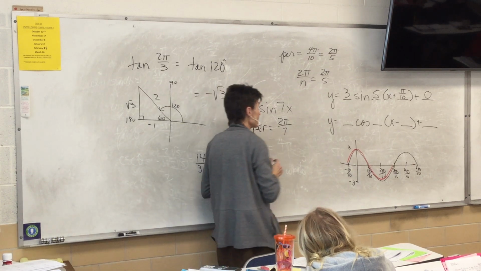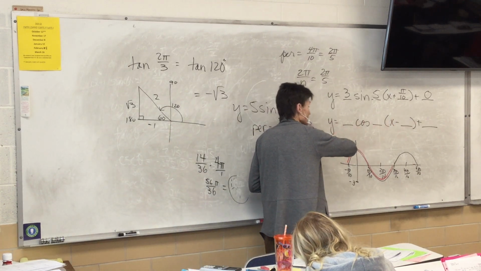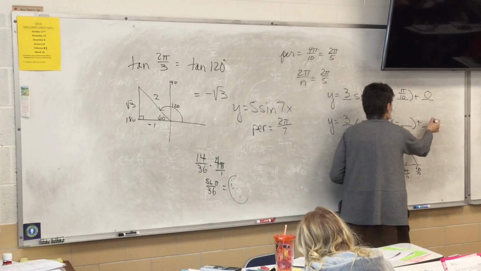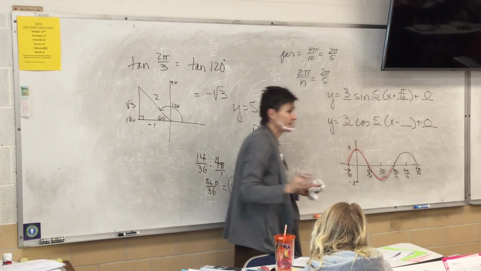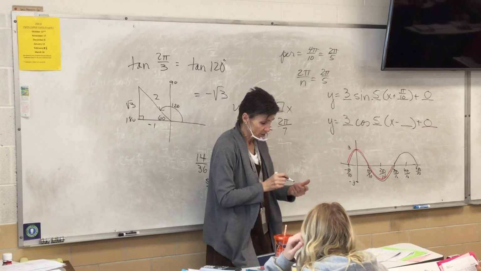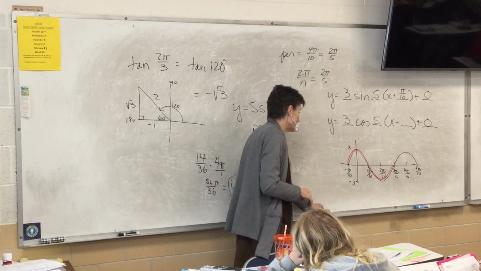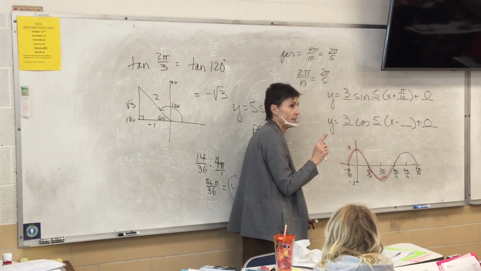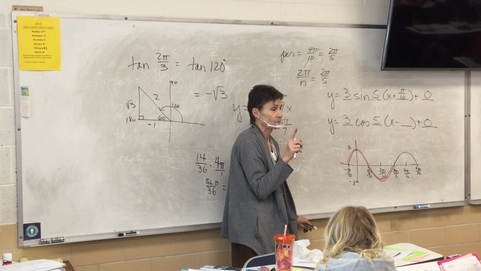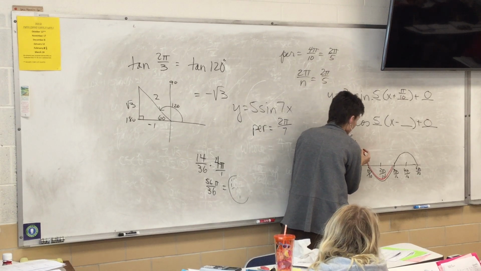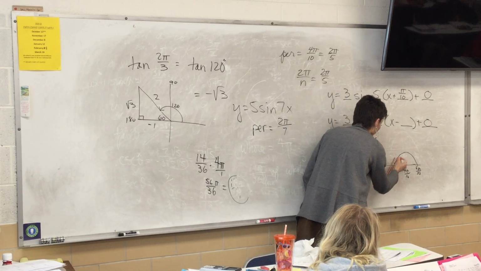Now, the good news is, everything in this is going to stay the same. This is going to be a 3, this is going to be a 5, and that's going to be a 0. None of that's changing. The only thing that changes is, if you look at this as a cosine, then you're not looking at the red. The red is a sine. If you're looking at it as a cosine, could I look at the orange?